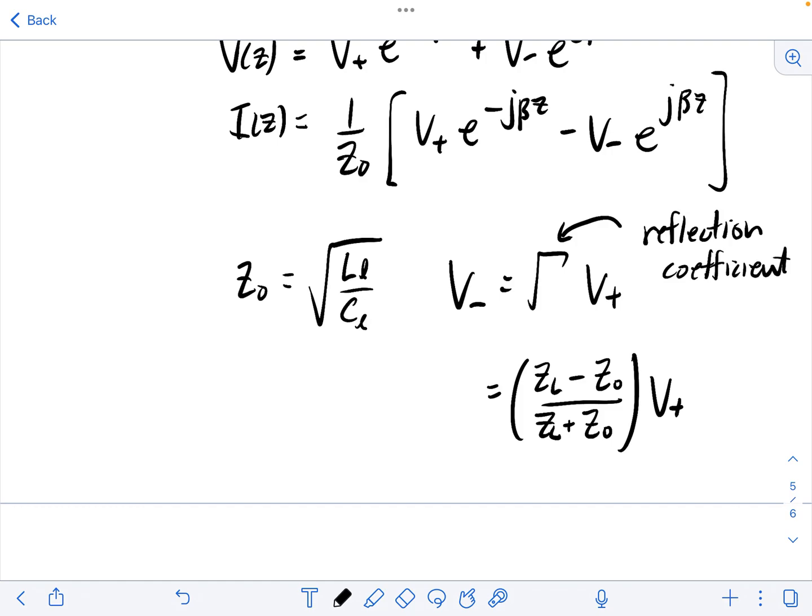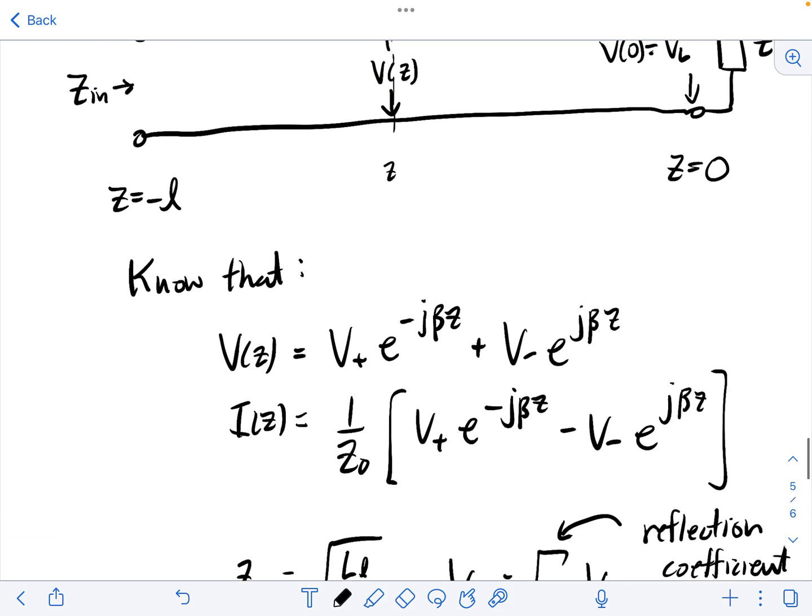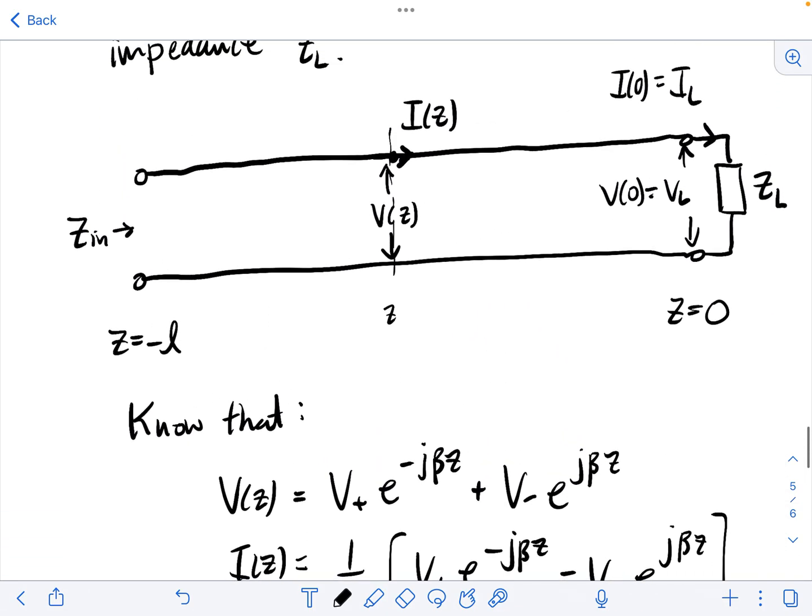So what we're going to do is write down the value of the impedance of the transmission line at an arbitrary position Z. We have expressions for the voltage amplitude and current amplitude, and by definition, impedance is given by the ratio of the voltage divided by the current.